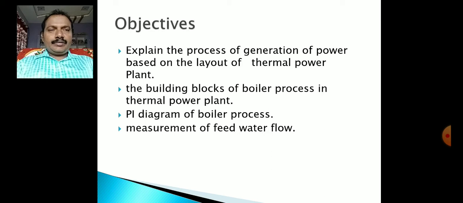After that we will discuss each circuit in detail, and after that we discuss the boiler process building blocks. After that, drawing the P&I diagram of boiler process and measurement of feed water flow. So these are the topics of our objective.